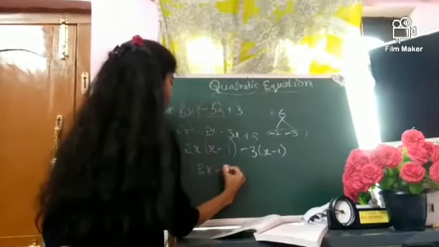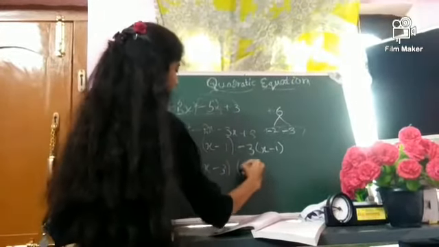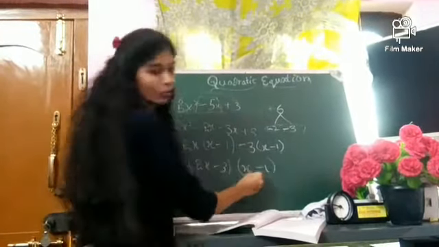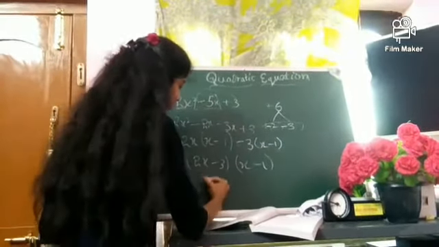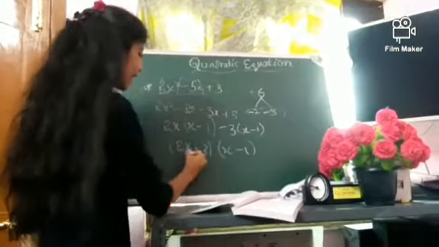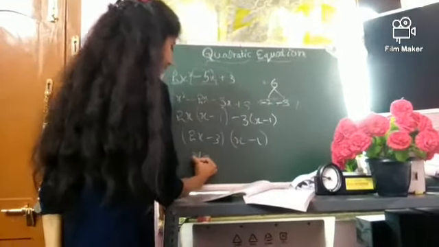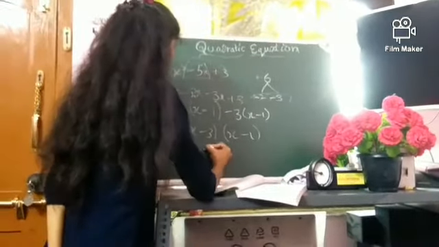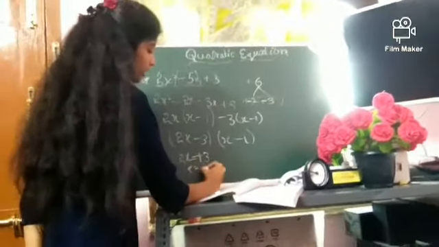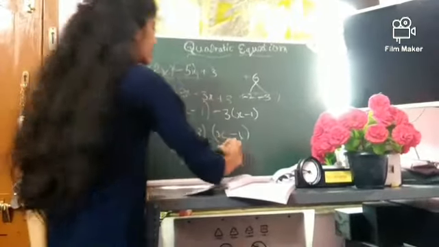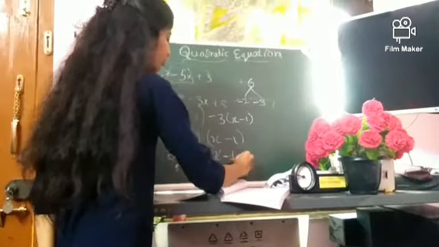Next, 2x minus 3 and x minus 1, because x minus 1 is common in both. Next here we will get the solution. 2x minus 3 equals 0, so 2x equals plus 3, and x equals 3 by 2. Then x equals plus 1.